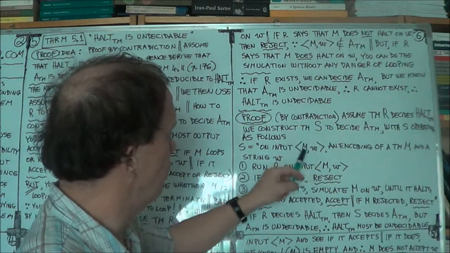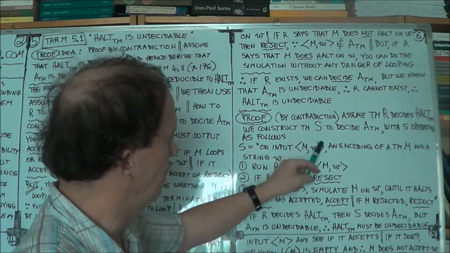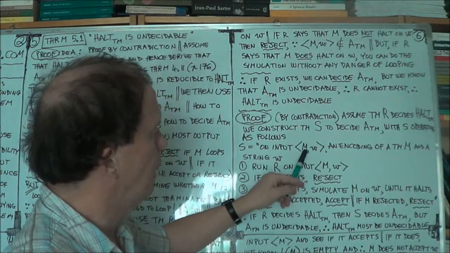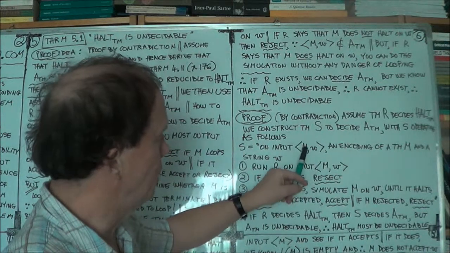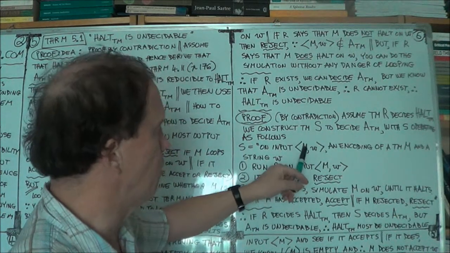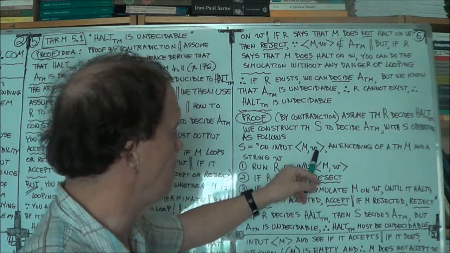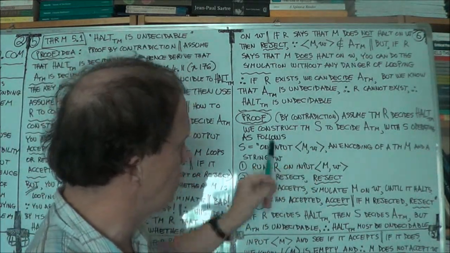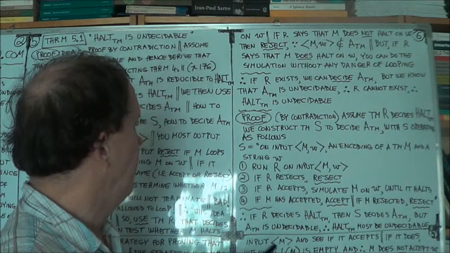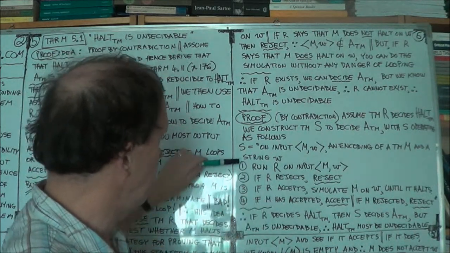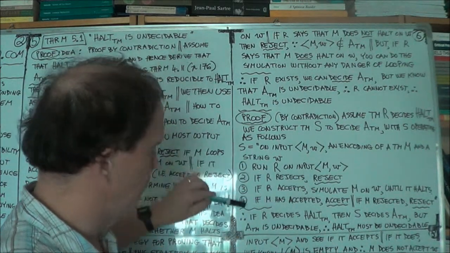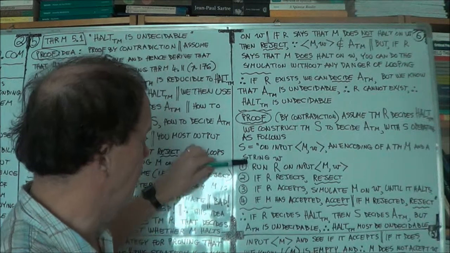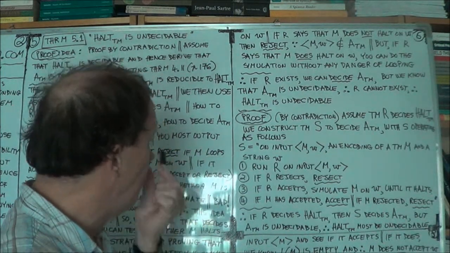This ordered pair, the encoding of it, encodes information about two things, some random Turing machine M and some tape that goes into it. So the information of these two things goes in, and then the various stages in the algorithm, numbered.